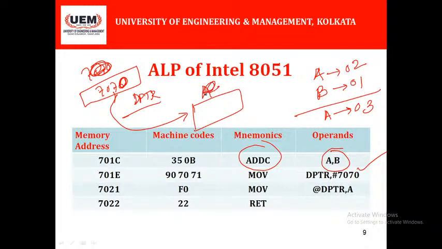Sorry, we are going to store the value of the accumulator in 7070. So MOVX @DPTR, A means the value of the A register, that is 03, will be transmitted to 7070, and then with the help of the RET instruction we are going to stop our operation.